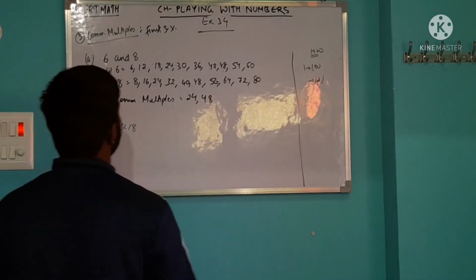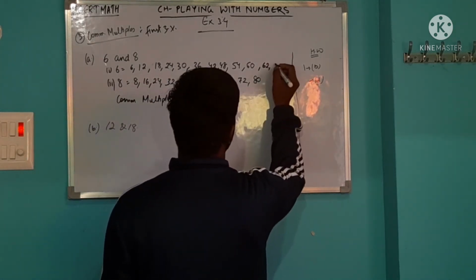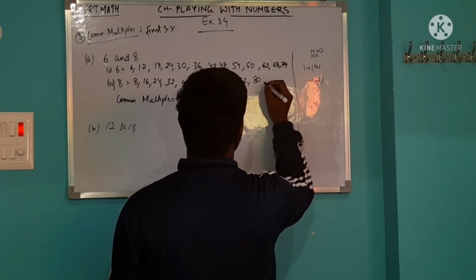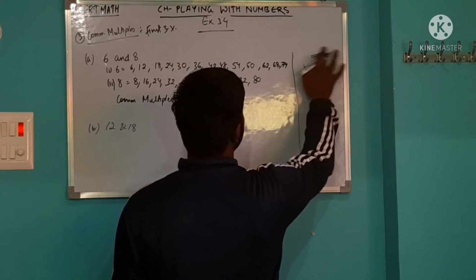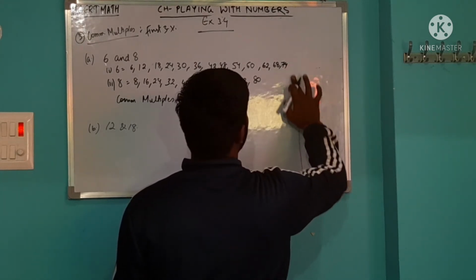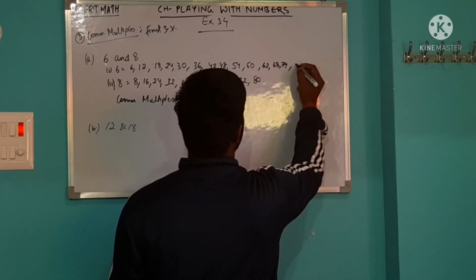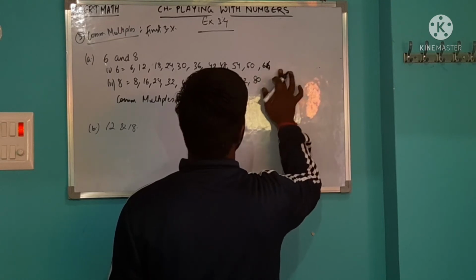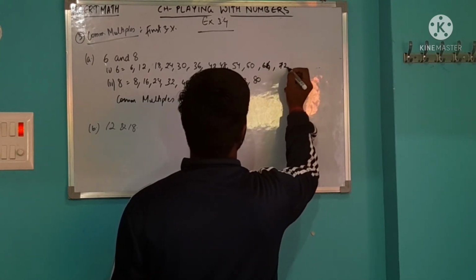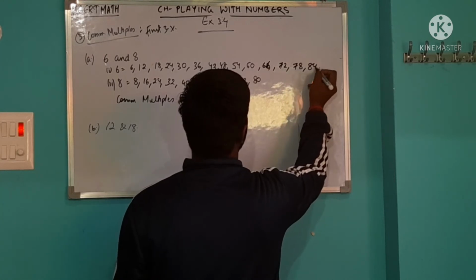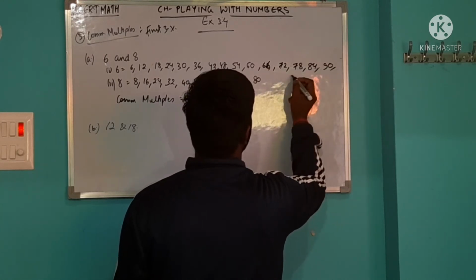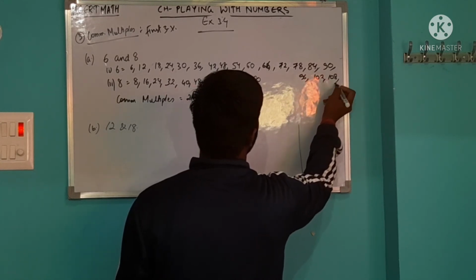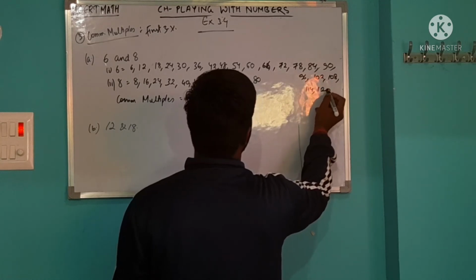For one more we need to write some further numbers: 66, 72, 78, 84, 90, 96, 102, 108, 114, 120.